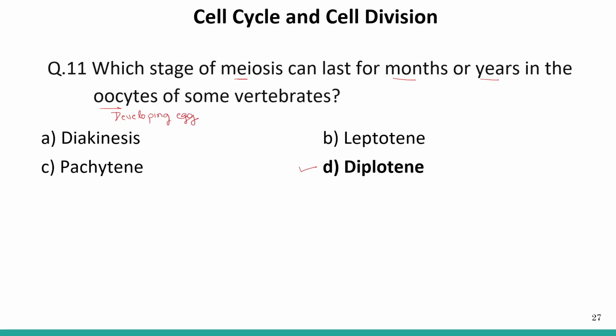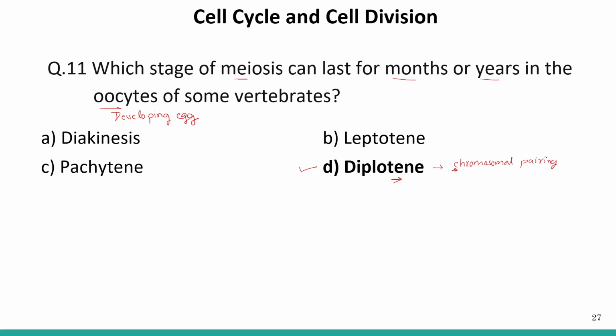Sometimes the meiosis gets stuck in the diplotene stage. What are some of the reasons? Some of the reasons are, first, chromosomal pairing.